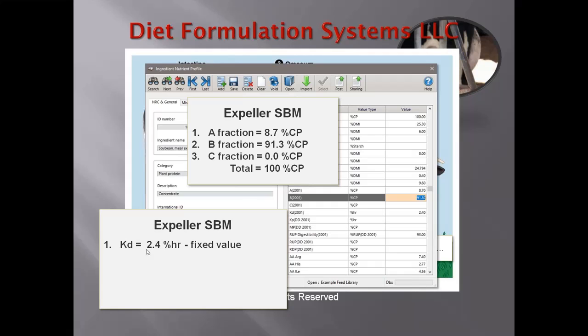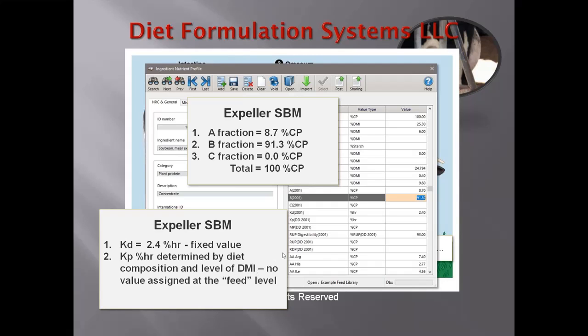The degradation rate is 2.4% per hour right here. And that's a fixed value that is not going to change through our illustration. Degradation rate is fixed, but passage rate is not. It's determined by diet composition and level of intake.